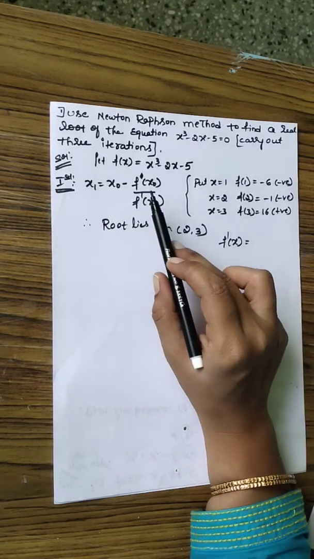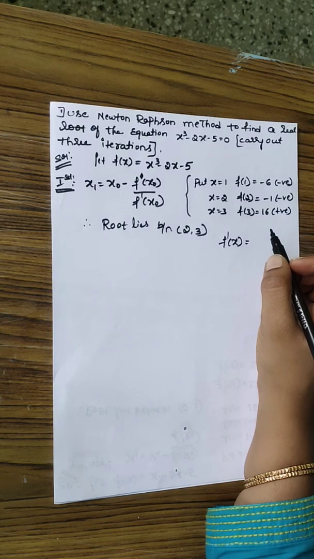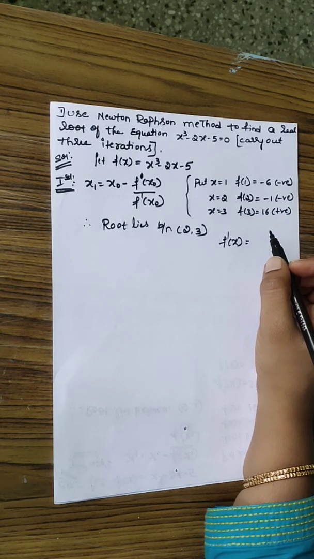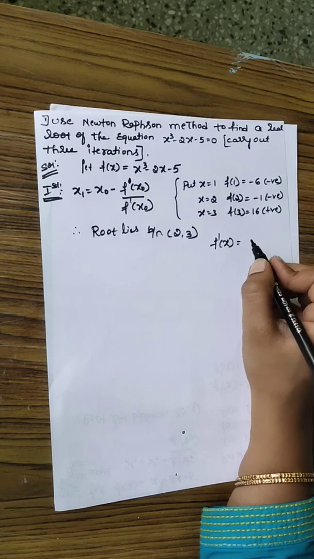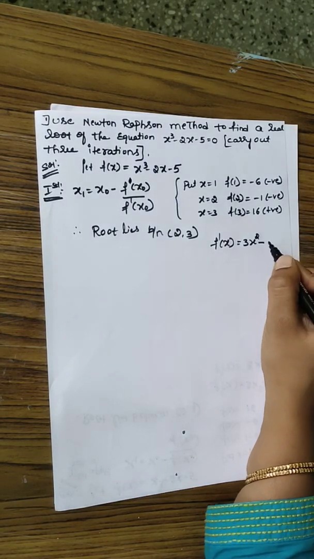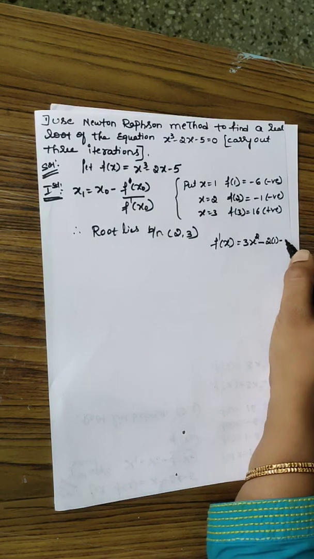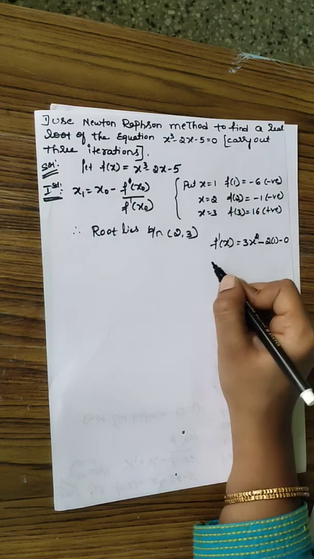So f dash of x equal to the differentiation of x cube. It is in the form of x power n. What is the differentiation? n into x power n minus 1. So 3 into x square, minus 2 into x; 2 into the differentiation of x is 1, and the differentiation of a constant is 0.